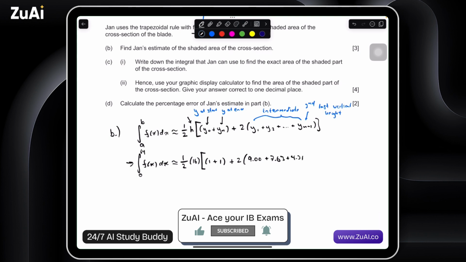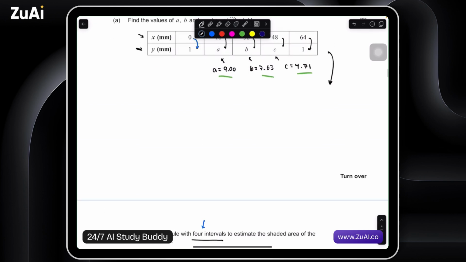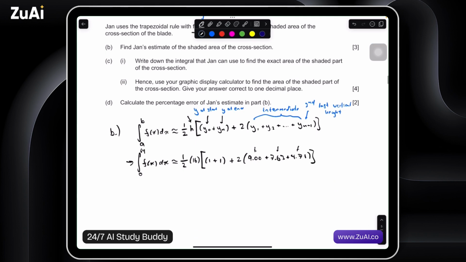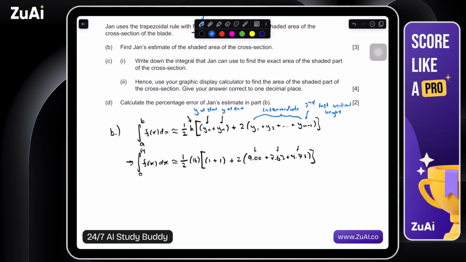So these are the intermediate values. So this was at 16, 32, and 48. There we go. And we can close our brackets. And just be mindful when you do plug this into the calculator, we have 1/2 times 16, so it's 8, I suppose, times all of this business. So make sure that you have brackets enclosing all of this, because we want to multiply this by 8 in this case.